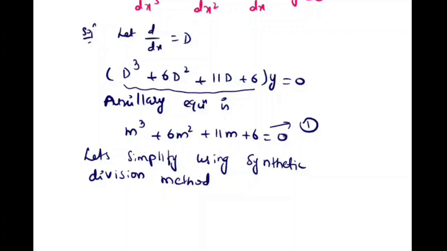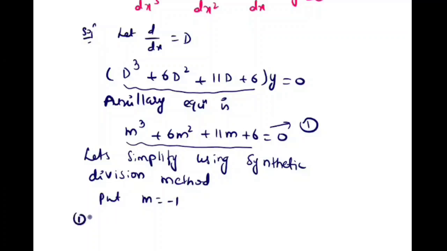Then we will take that number as the first root. So we'll substitute m equals -1. Why am I taking -1? You can observe that all the elements in equation number 1 are positive, so to make it 0, some element should be negative. So I'm taking m equals -1.